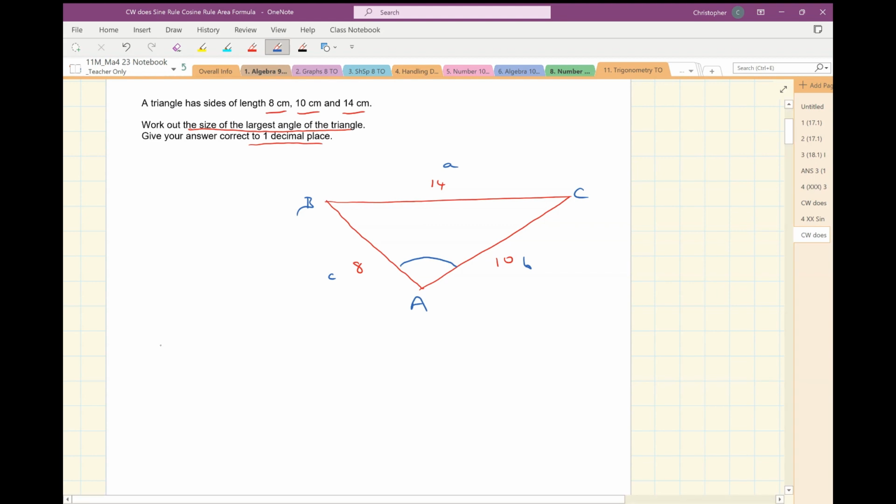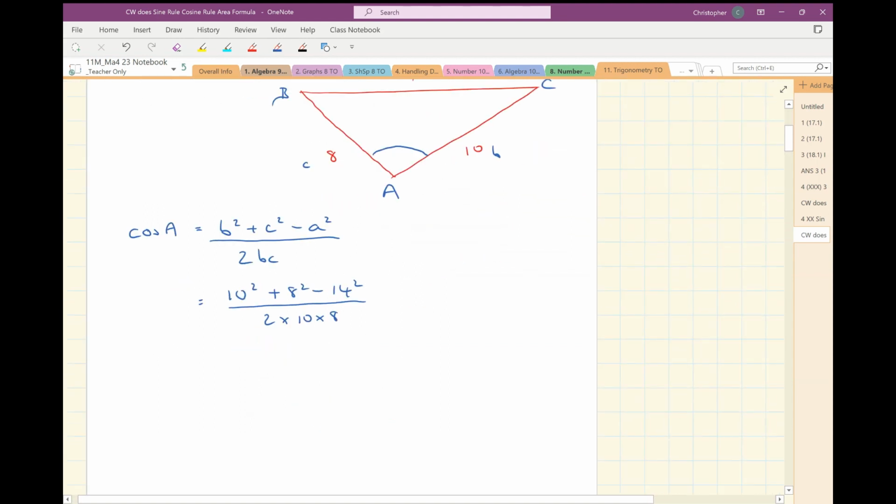So I'm going to use my rearranged cosine rule, which is cos A equals b squared plus c squared minus a squared over 2bc. So in my case, this is going to be 10 squared plus 8 squared minus 14 squared over 2 times 10 times 8.